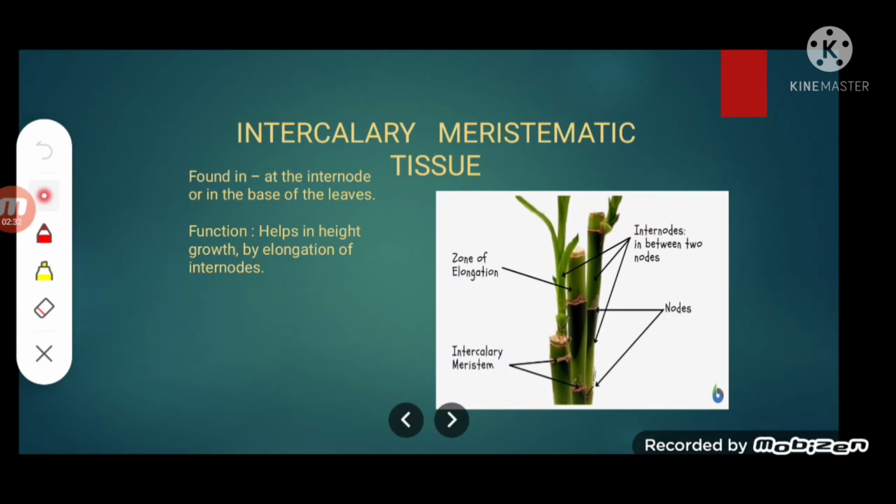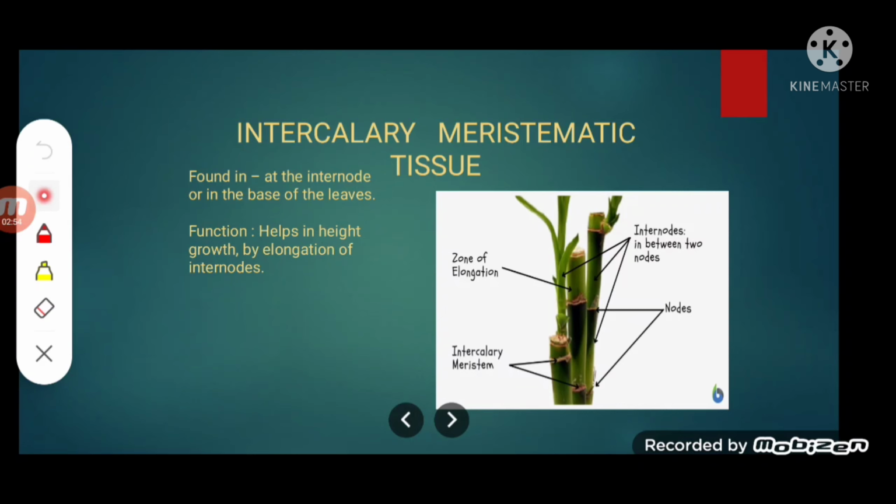Here a node is located and here also a node is located. The region between the two nodes is called the internode, and the intercalary meristematic tissue is located at the base of the leaf, or at the base where a new stem is growing.